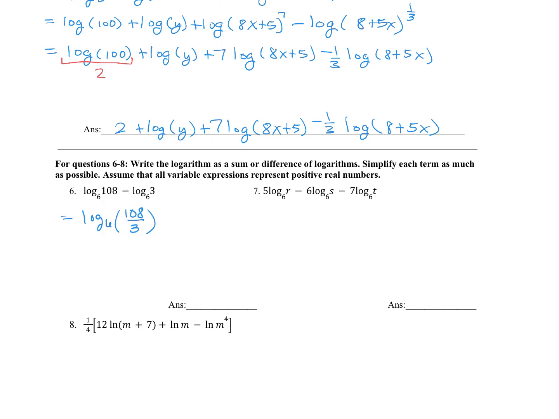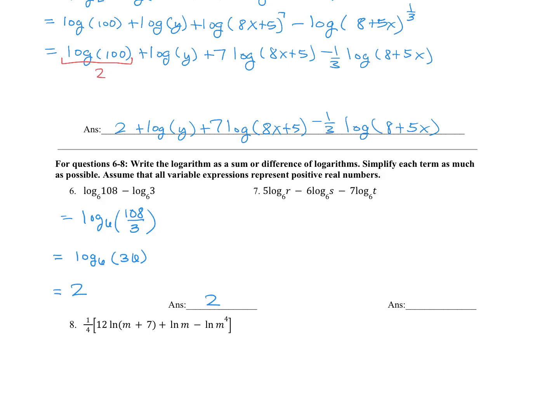And we can actually reduce down 108 divided by 3. That's actually 36. So this is actually log base 6 of the number 36. And that's just equal to 2 because 6 squared is 36. So this actually simplifies all the way down to a 2.